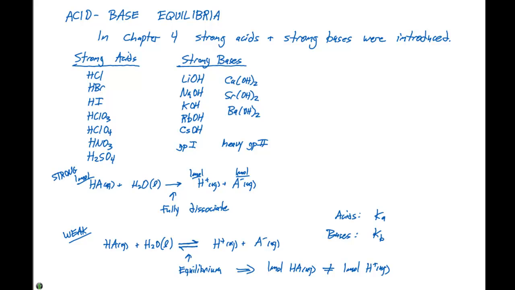Okay? If we have strong acids and bases, the Ka and the Kb is going to be very, very large. If we have weak acids and bases, we're going to be in the range of, say, 10 to the minus 2 to 10 to the minus 5.